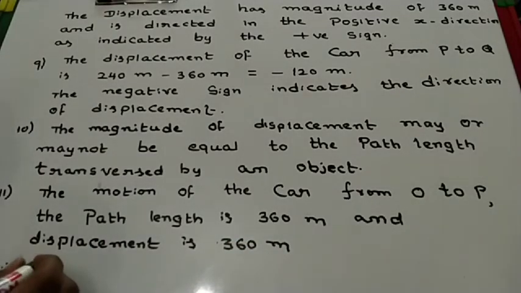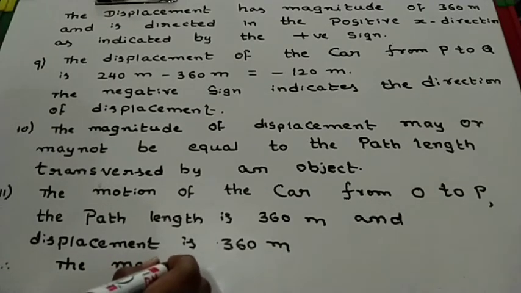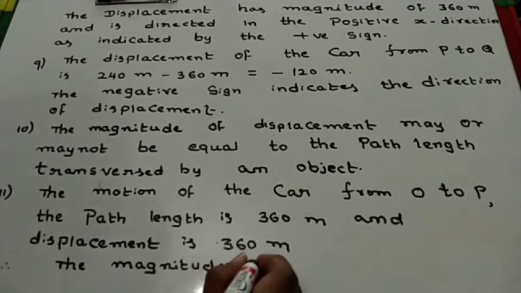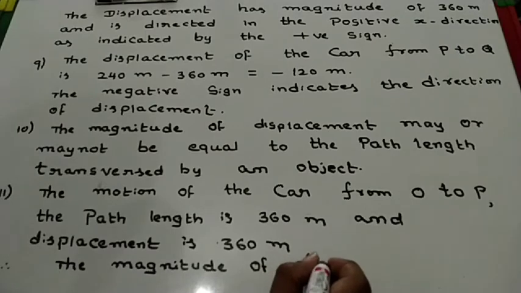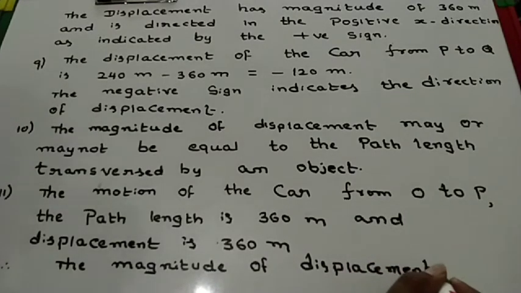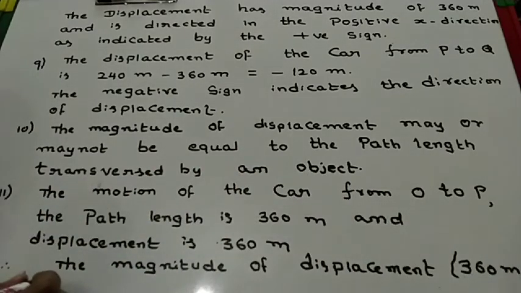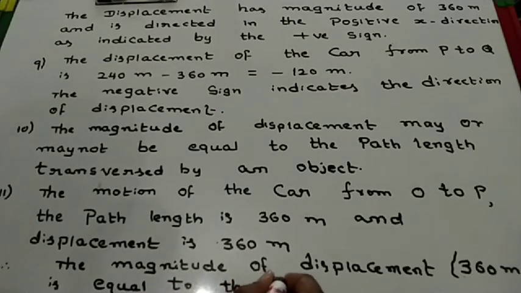Therefore, the magnitude of displacement, 360 meters, is equal to the path length, that is 360 meters.